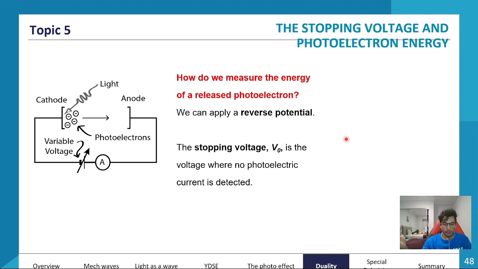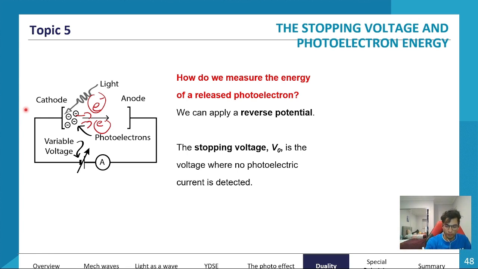So when the light was shone onto the metal, electrons were getting ejected. You can imagine we have electrons here, and all of these electrons are getting ejected. What the scientists wanted to calculate was how much energy these electrons have.